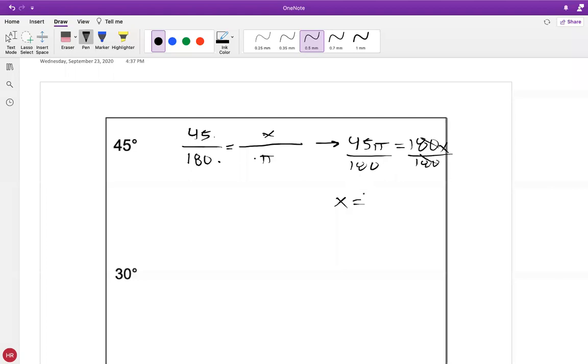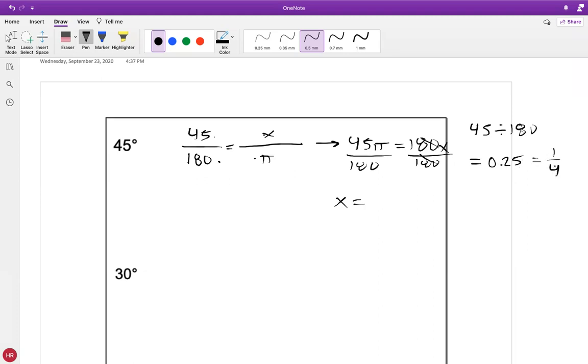Now I have 45 over 180. And you might be asking, well, I don't really know how to reduce that fraction. The 60 was a little bit easier. But basically you can punch this into your calculator, 45 divided by 180. If you put that in your calculator, you're going to get 0.25, which you may recognize as 1/4.